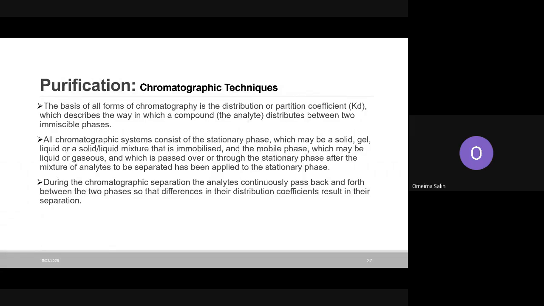All chromatographic systems consist of the stationary phase, which may be a solid, gel, liquid, or solid-liquid mixture that is immobilized, and the mobile phase, which may be liquid or gaseous, and which is passed through the stationary phase after the mixture of analytes to be separated.